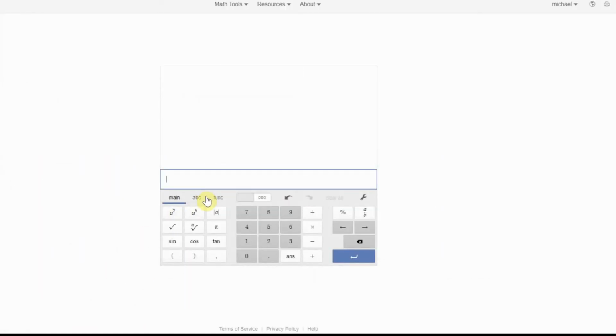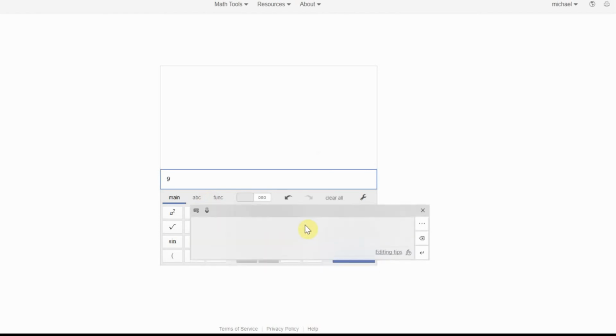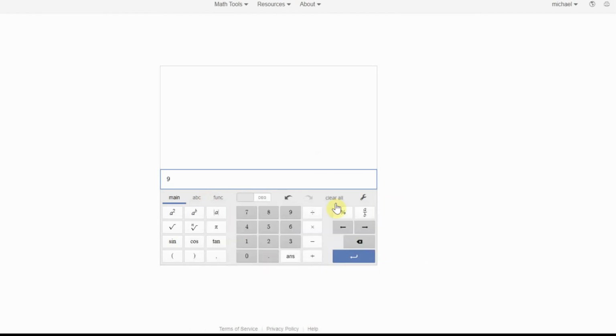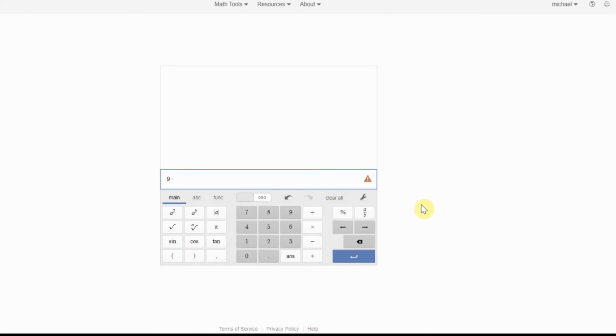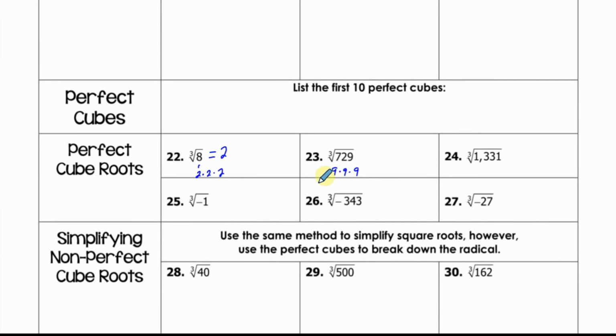Can always check ourselves, right? 9 times 9 times 9 is 729. Right? So the cube root of 729 is 9. So we've got some perfect cubes there.